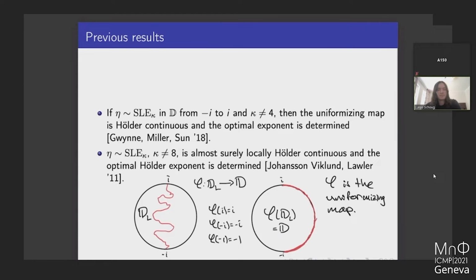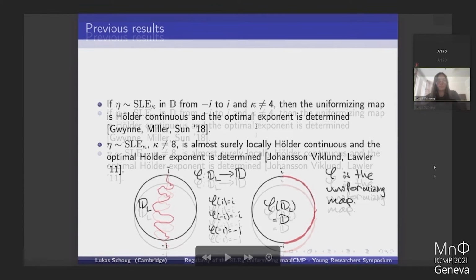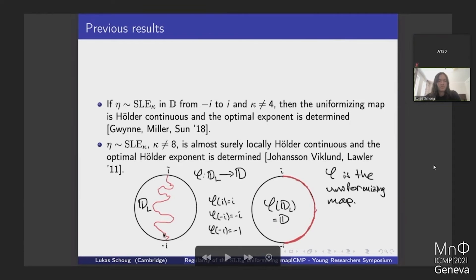And a priori, it's not clear what the regularity of it should be, because you're mapping some fractal object to a smooth curve. But it was shown in a paper by Guyon, Miller, and Sun in 2018 that this uniformizing map is actually Hölder continuous for the case kappa is not equal to 4.